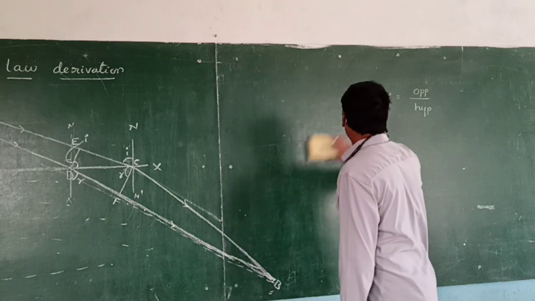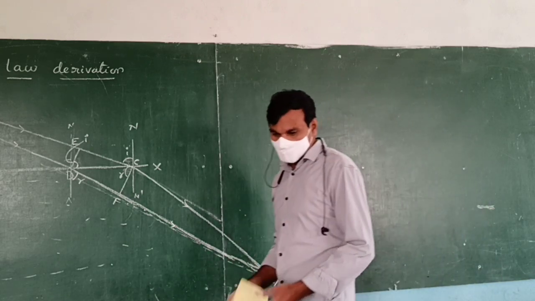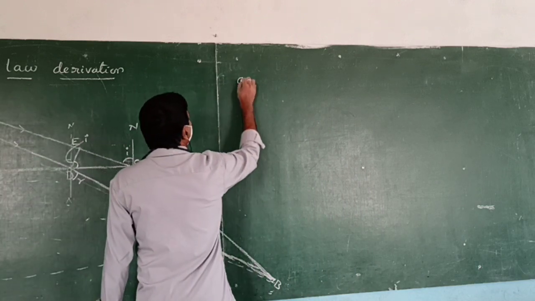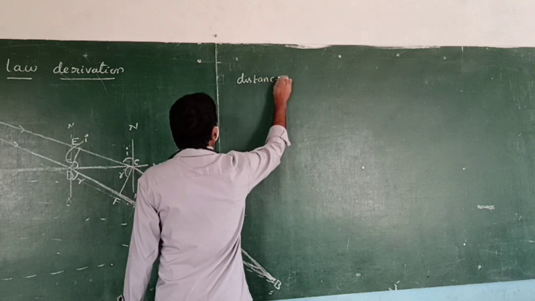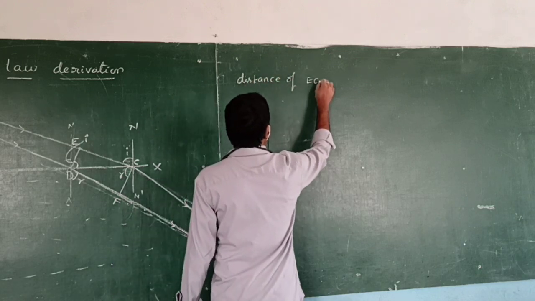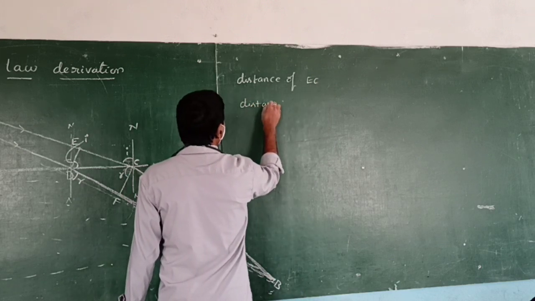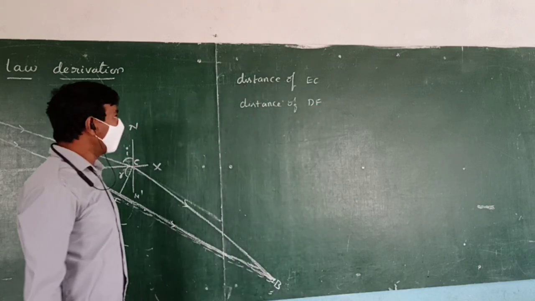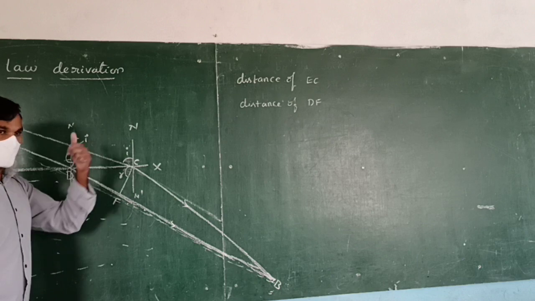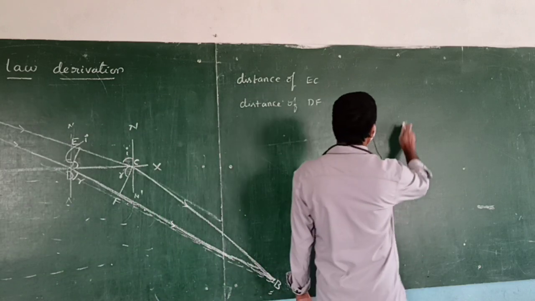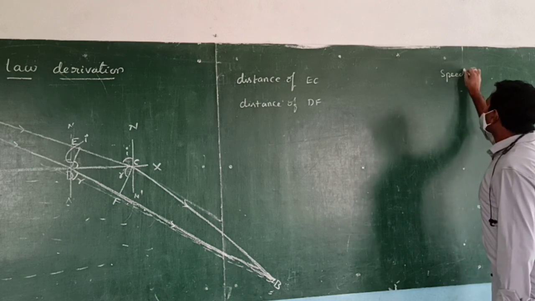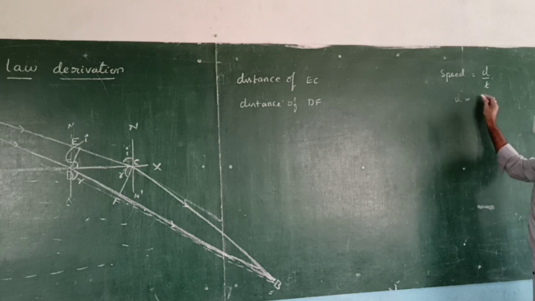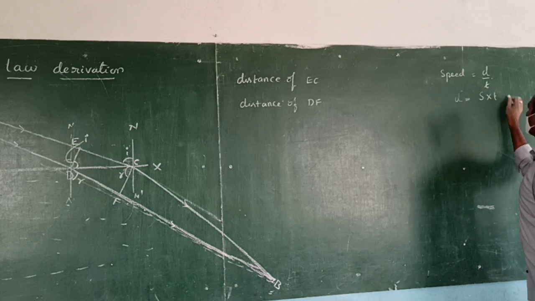Now find the distances EC and DF. We know the distance formula: speed equals distance by time, so distance equals speed into time.